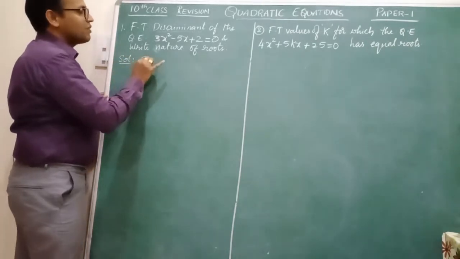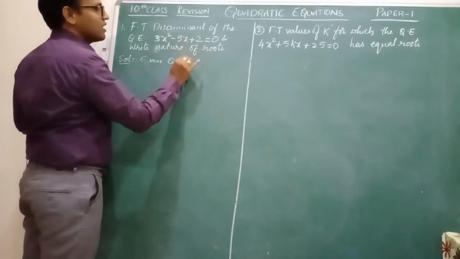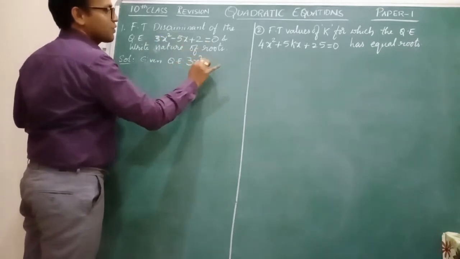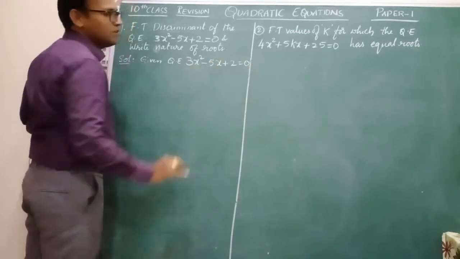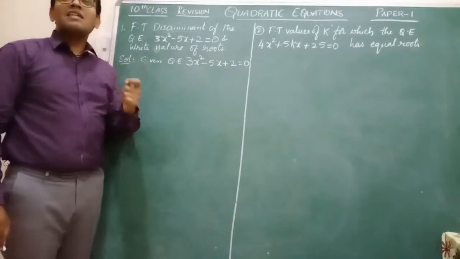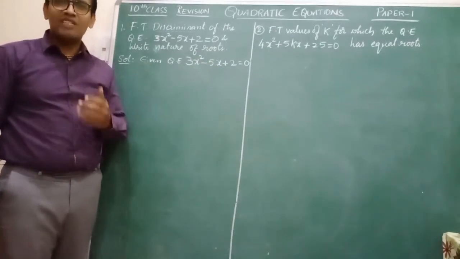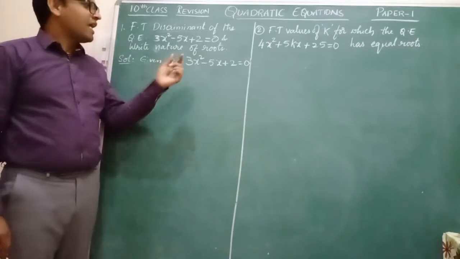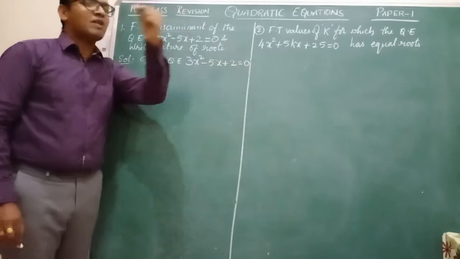Let us take the given quadratic equation: 3x square minus 5x plus 2 equal to 0. Now let us compare this equation with the general form of quadratic equations, ax square plus bx plus c is equal to 0.